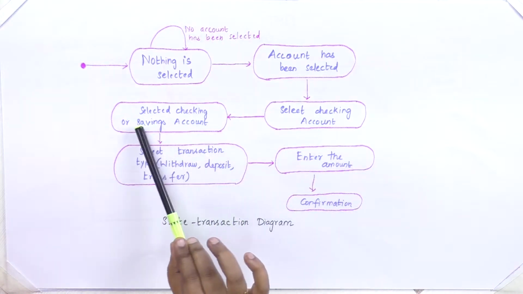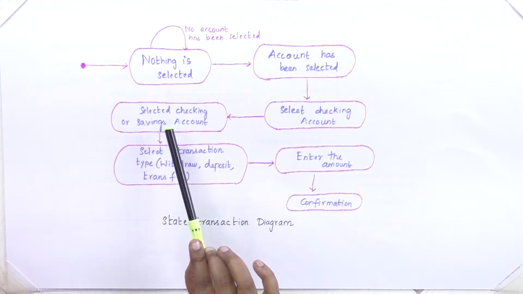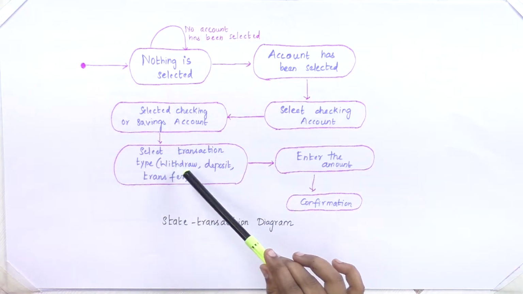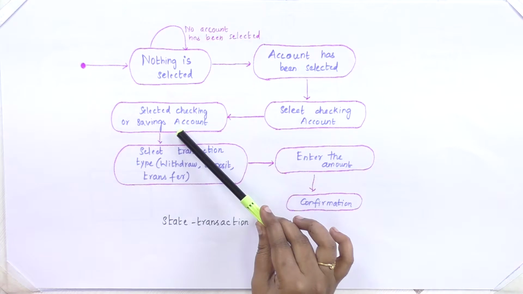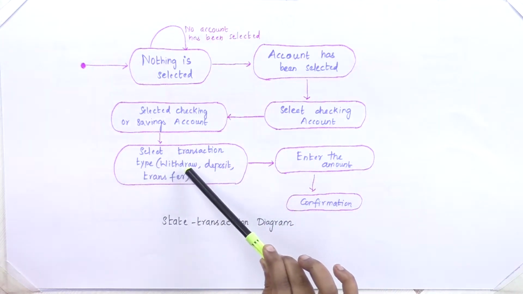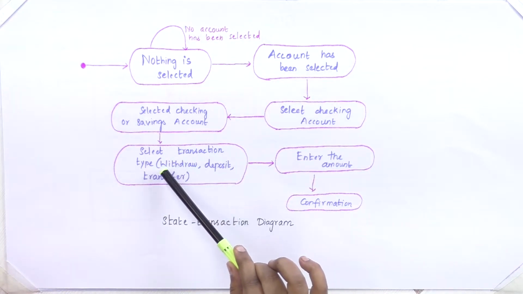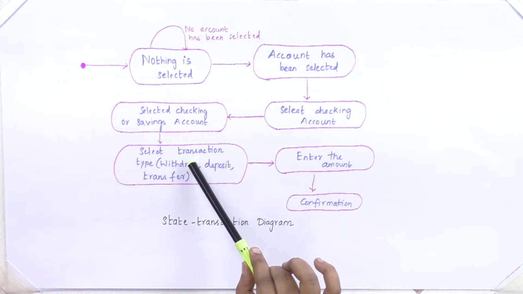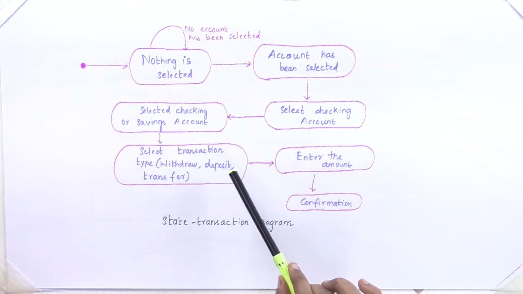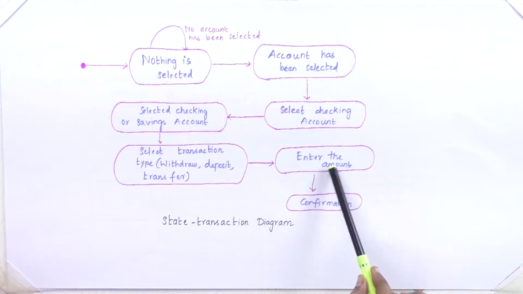Then you will move on to the savings account state. Once you have entered the savings account state, if you make an event like withdrawal, deposit or transfer, you will move to another state, selecting the transaction type: withdrawal, deposit or transfer. When you select an event like withdraw and perform that event, the next state will be the enter the amount state.